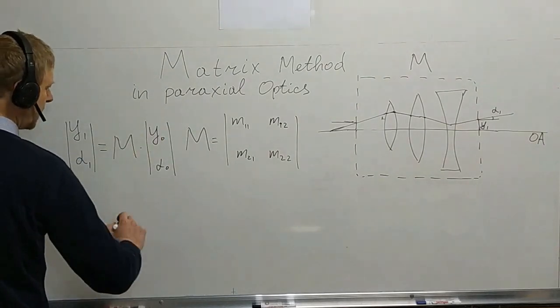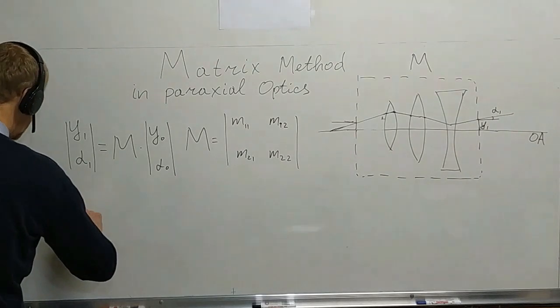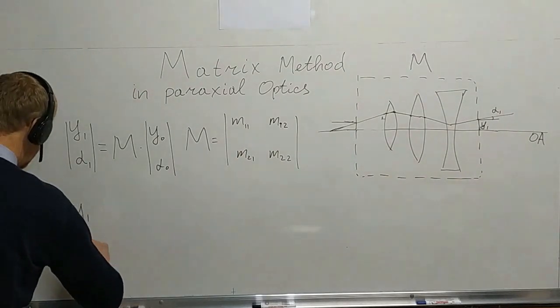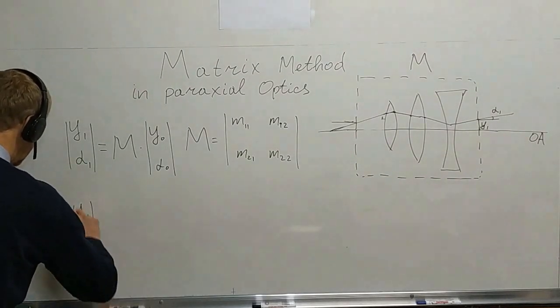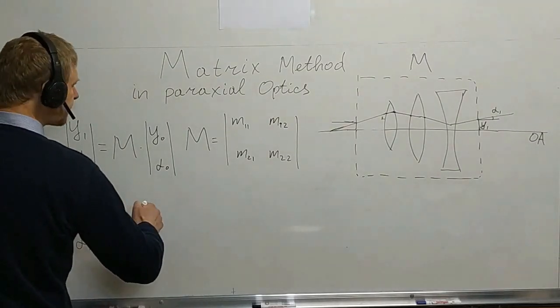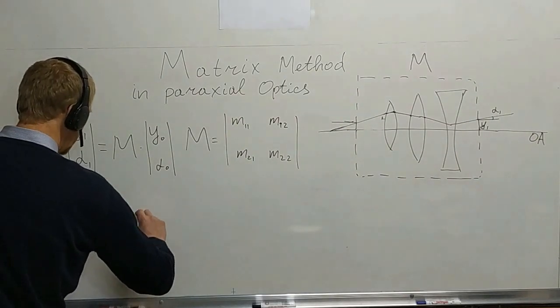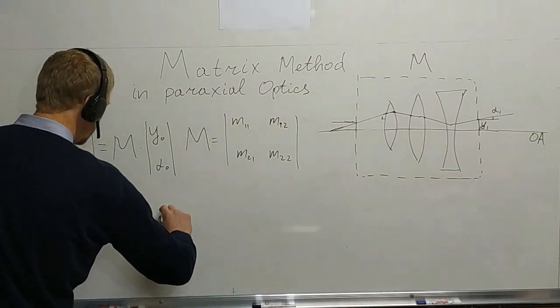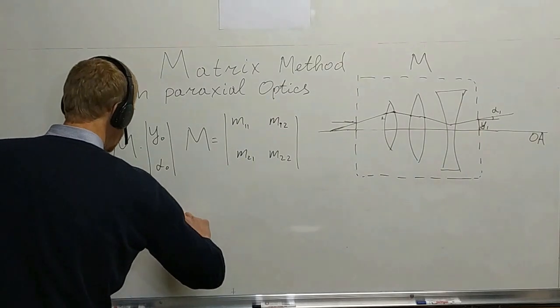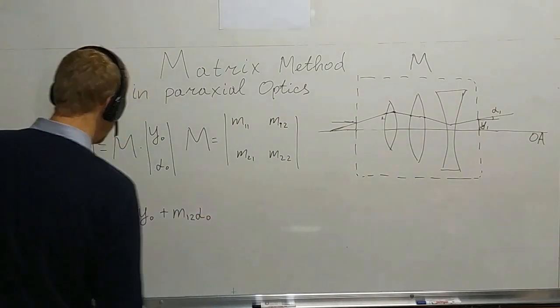Now, this mathematical operation is well known, so that will produce y1 and alpha 1 in the following way. So I have m11 y0 plus m12 alpha 0.